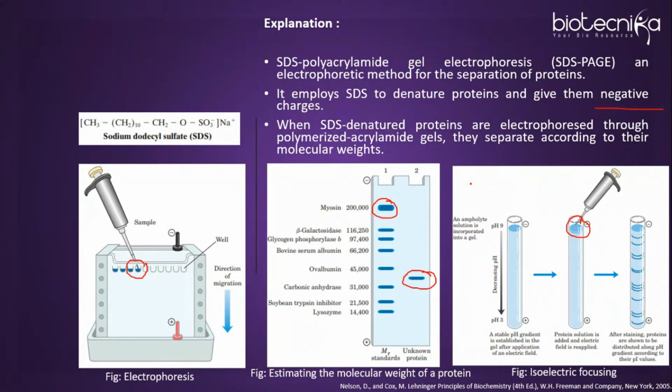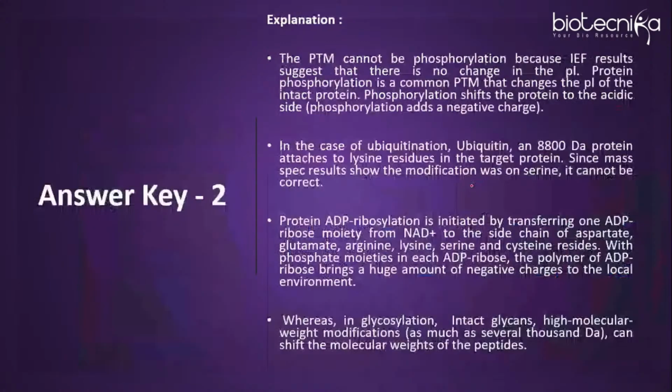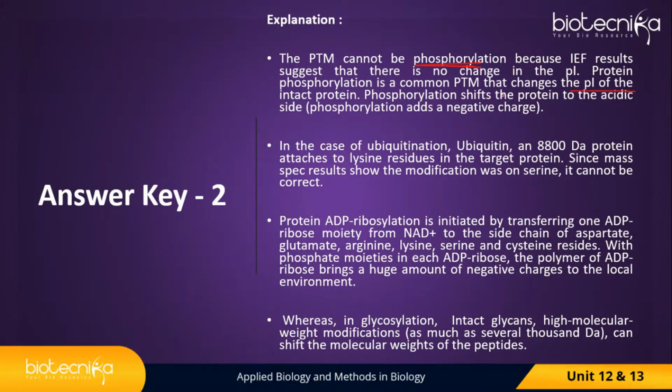As mentioned in the question, there is no change in PI. But if phosphorylation occurs, we know that a negative charge is added, right? It will definitely change the PI of the intact protein. It shifts it to the acidic side. Therefore, phosphorylation cannot be the answer, because according to the isoelectric focusing result there should be no change in PI, but phosphorylation causes changes in PI.